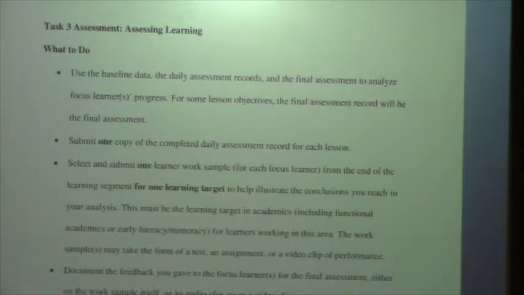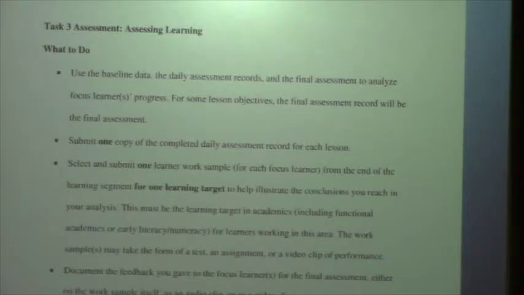Submit 1 copy of a completed daily assessment record, something I just talked about. Select and submit 1 learner's work sample from the end of the learning segment for 1 learning target. Now, this is a confusing part sometimes because you have 2 learners, each student has 3 lessons, and based on those 3 lessons, they want you to use one of your students in 1 work sample from one of the lessons in order to be able to submit that.